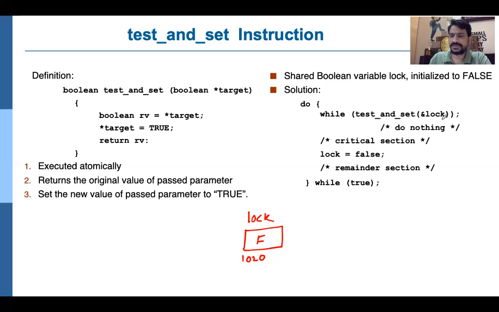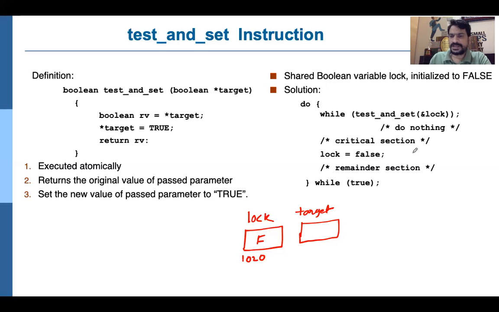We are calling the function with a parameter. The parameter is an address, and the address we are giving here is 1020, to a pointer which is called target. So you can see here, target is nothing but a pointer, right? And what will a pointer do? A pointer will hold the address of any variable which is assigned to it.